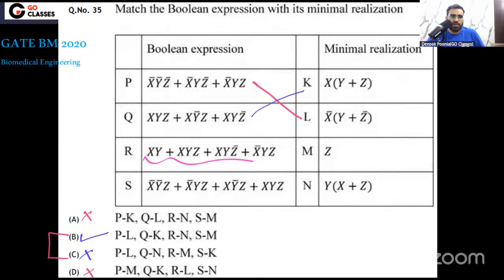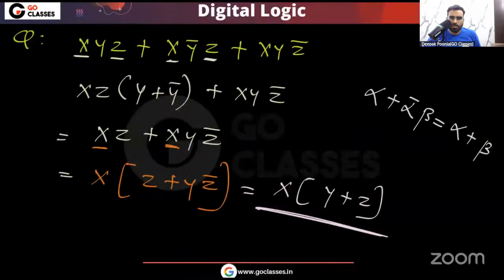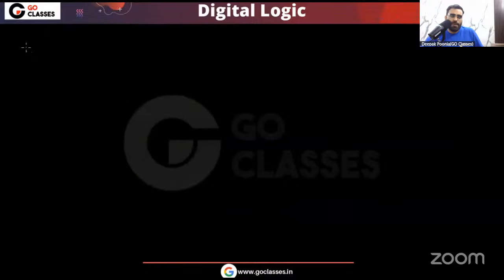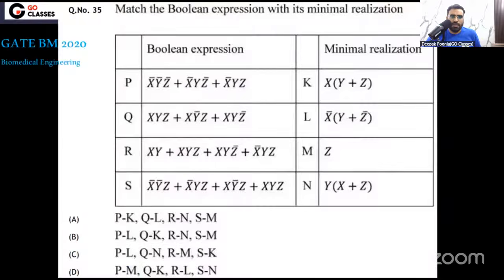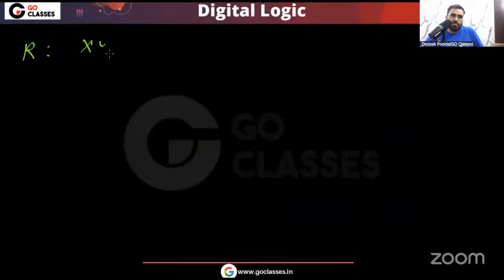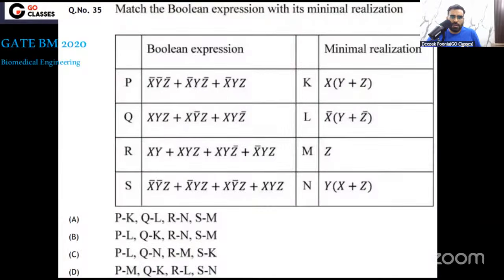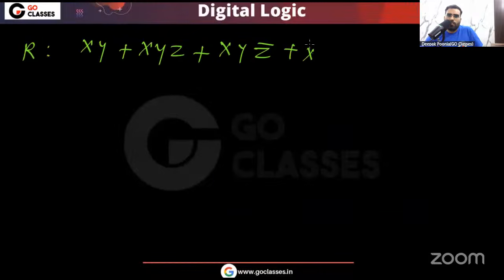So let's see this R also. We have got the answer, but let's see R as well. Okay. So let's see here. What about R? R is XY or XYZ, here you can apply the absorption property, or XYZ bar or X bar YZ. Now notice this XY here, this XY here, this XY here.